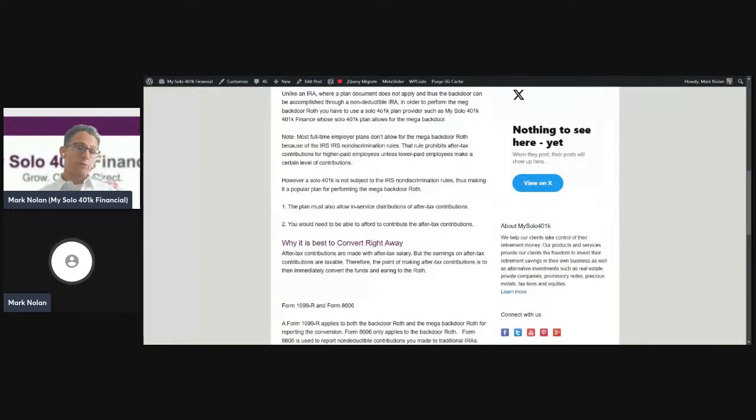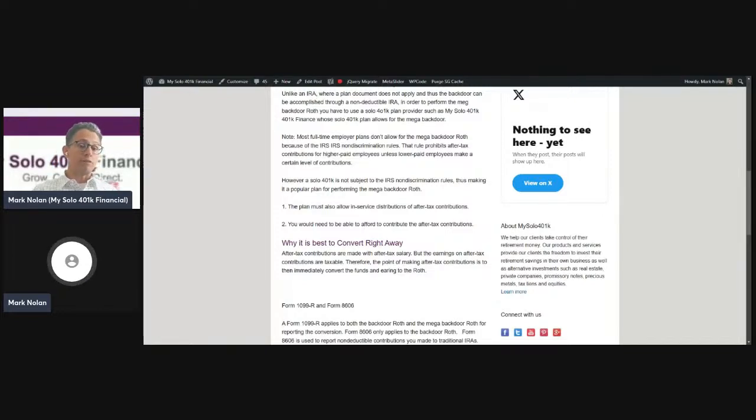You're still going to be able to do the full mega backdoor Roth through that solo 401k plan. Using my example of being self-employed in an S corporation, and you pay yourself $70,000 in W-2 wages, you'll be able to contribute that entire $70,000 to the voluntary after-tax bucket under the solo 401k, and then immediately convert it to the Roth solo 401k bucket or even to a Roth IRA.